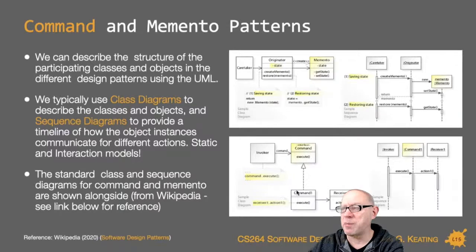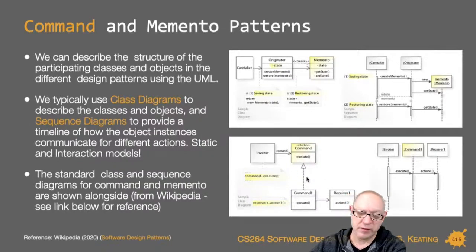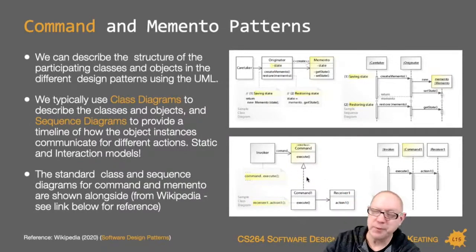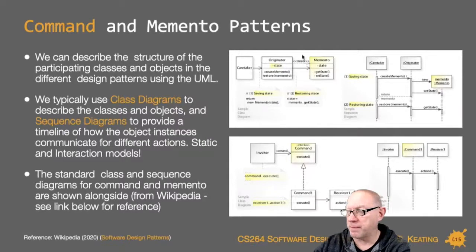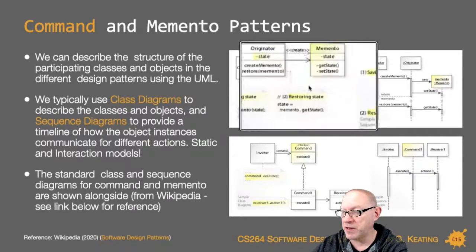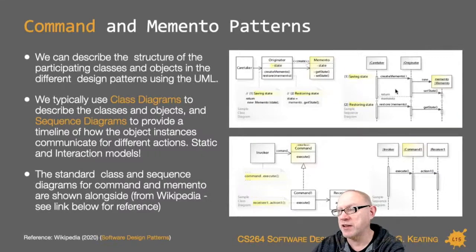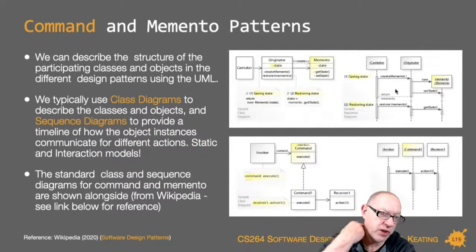There seems to be more complexity in the class structure, the static diagram for the command pattern here than this one here, but there seems to be more complexity in the sequence diagram associated with Memento. So how it works is slightly different to how it's structured.